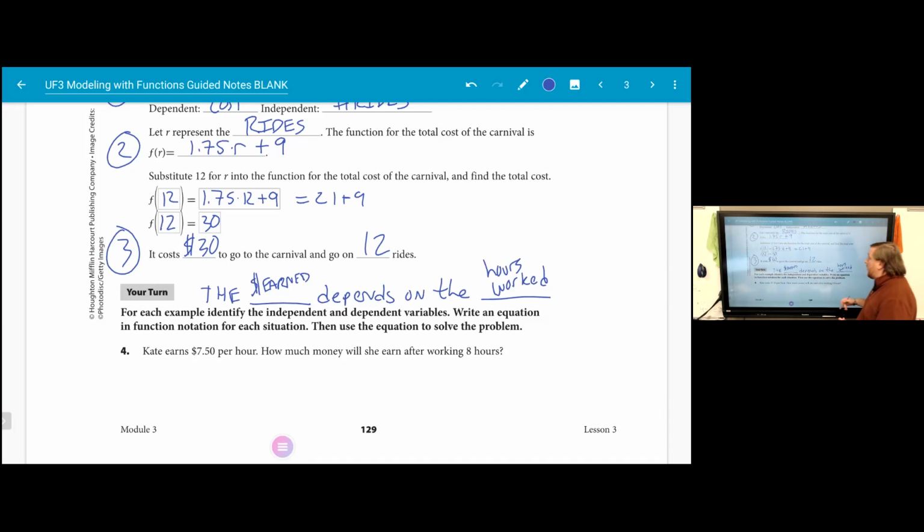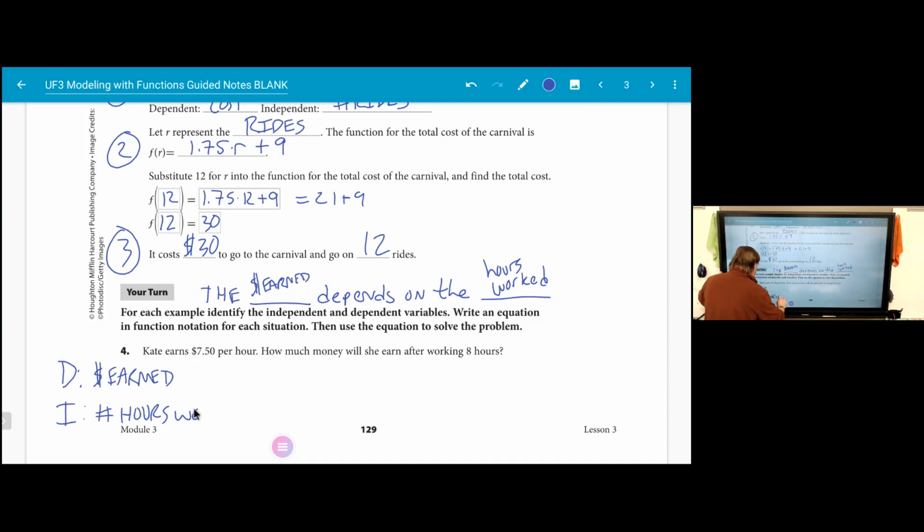So the dependent, which in this case is the money earned, depends on the independent, which is the number of hours worked. There we go.